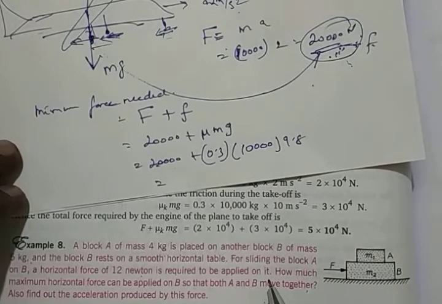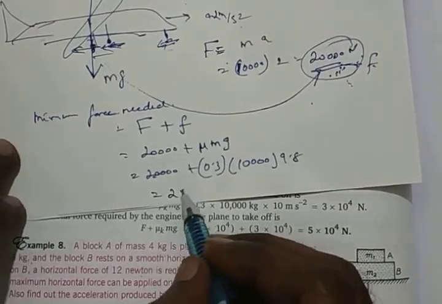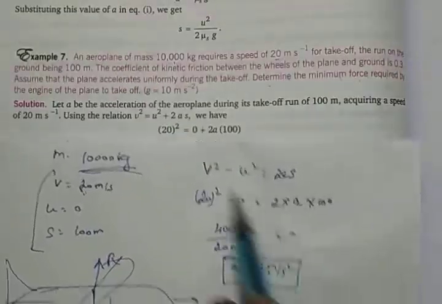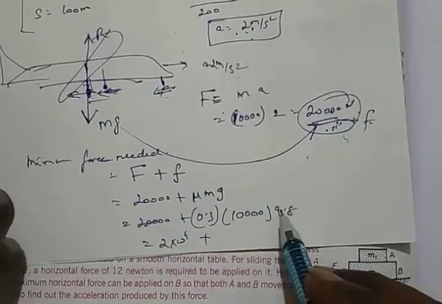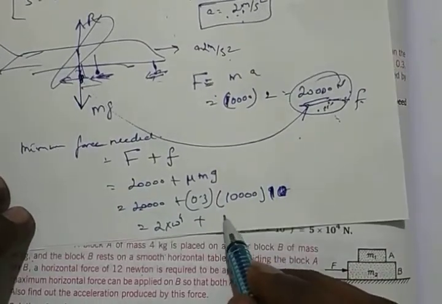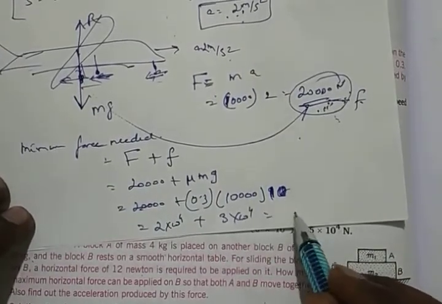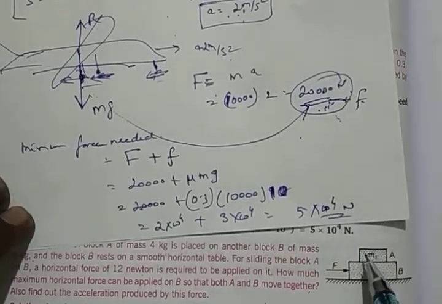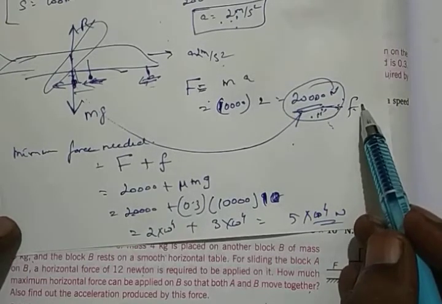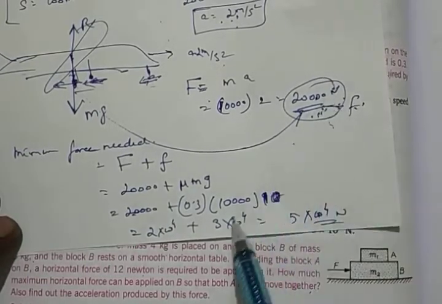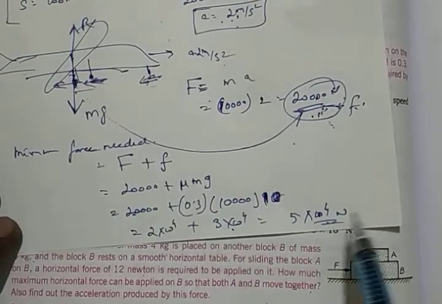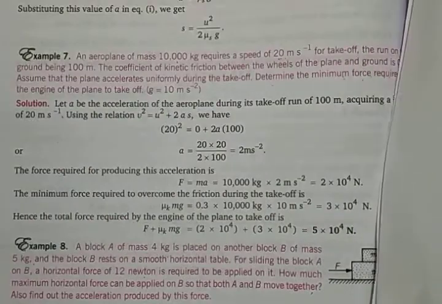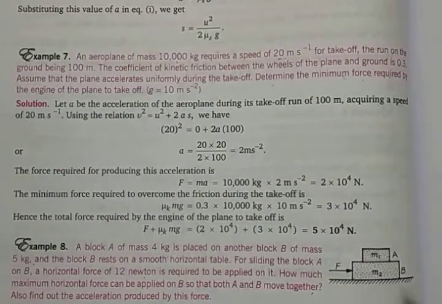This is 2 into 10 to the power of 4 plus, and g is 10, they have given 10 here, so it is good. This is also 3 into 10 to the power of 4, so it is equal to 5 into 10 to the power of 4 newtons. So force is 20,000 plus friction is another 30,000, put together, then only it will take off. That's a wonderful question. So you have 5 into 10 to the power of 4 newtons.